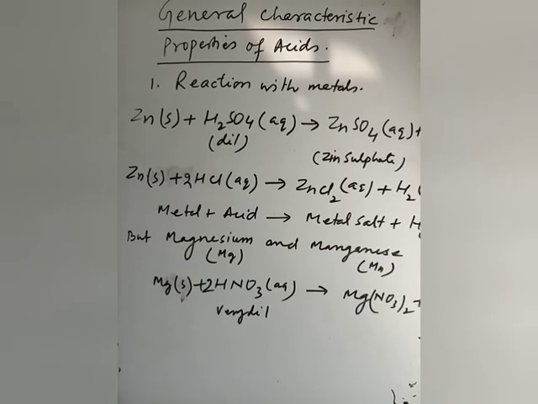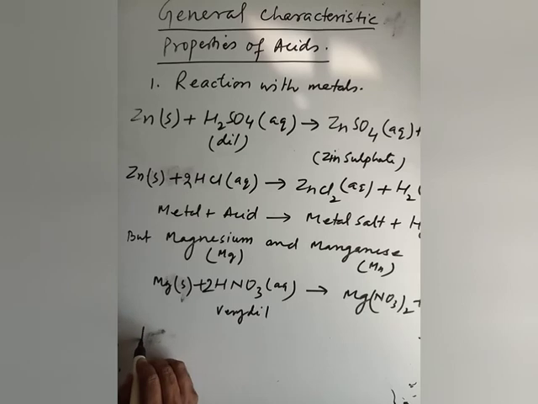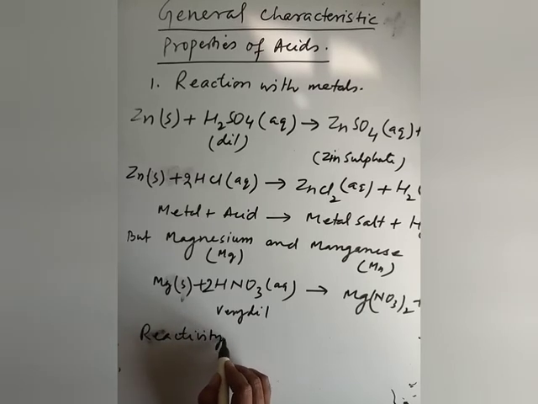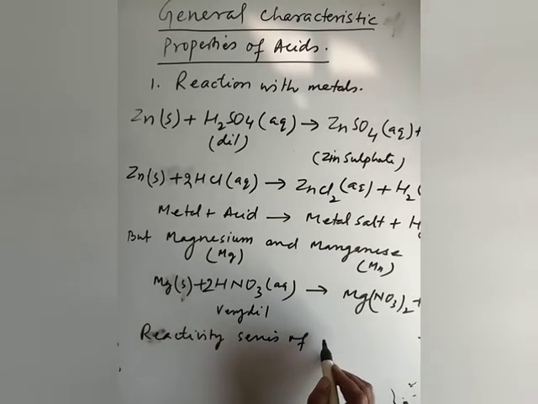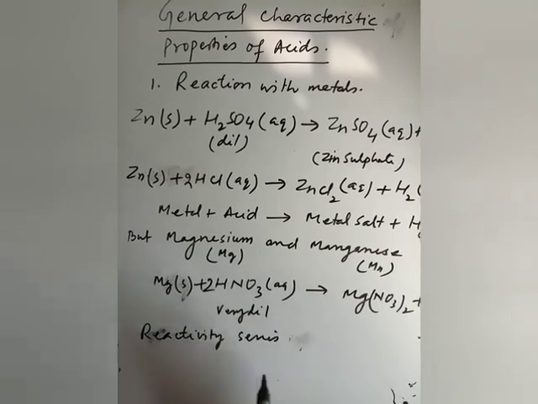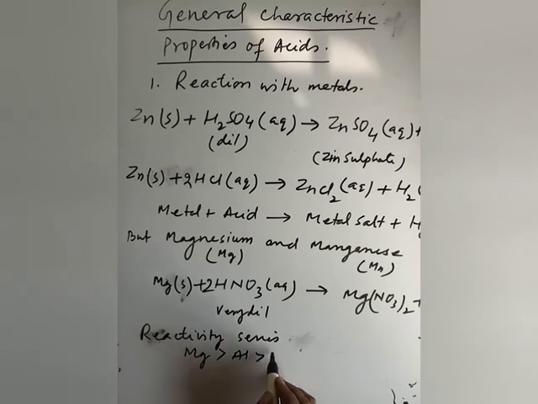The reactivity of these metals is different. If I write the reactivity series here, magnesium Mg is stronger than aluminum, which is stronger than zinc, which is stronger than iron.